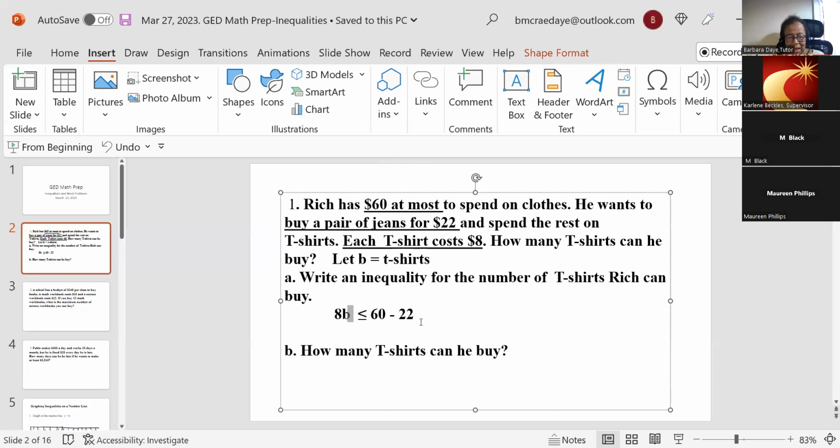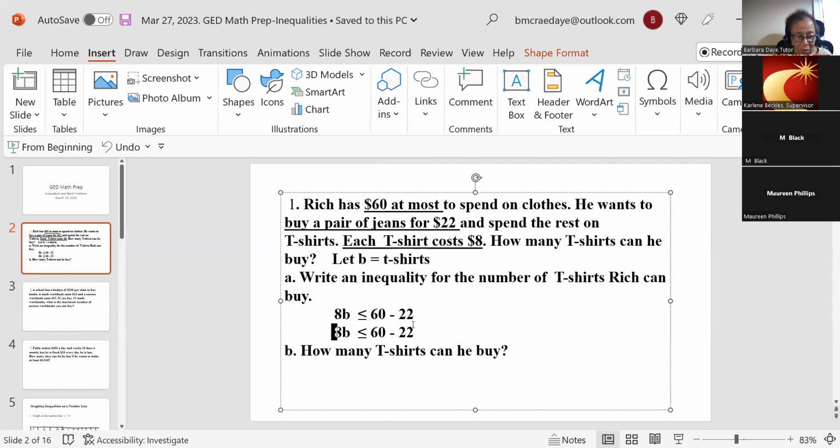Now let's just put here, you already subtracted that and you told me that was 38. Yes. So let me move that over and put our 38.